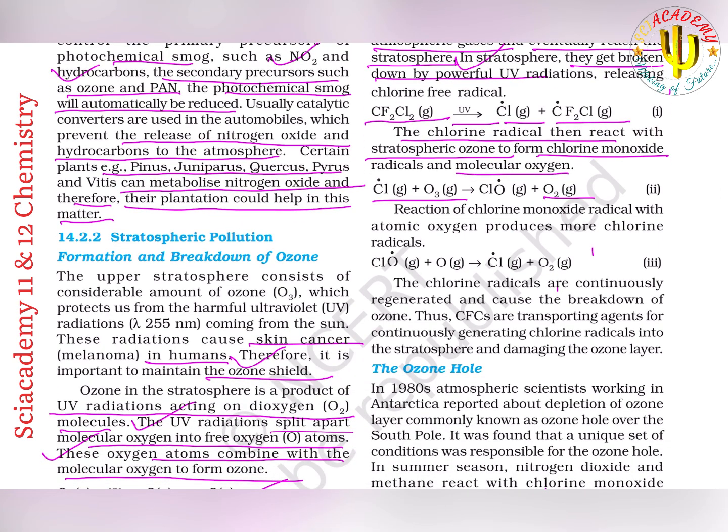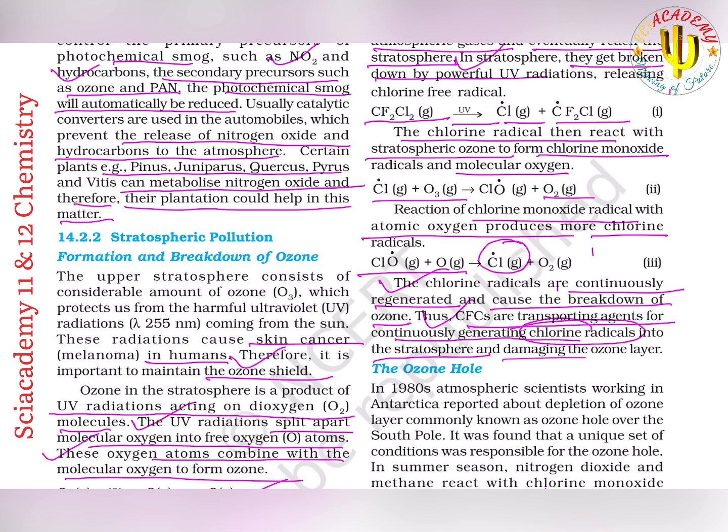Reactions of chlorine monoxide radicals with atomic oxygen produce more chlorine radicals. The chlorine radicals are continuously regenerated and cause the breakdown of ozone. Thus, CFCs are transporting agents for continuously generating chlorine radicals into the stratospheric part of the atmosphere and damage the ozone layer.